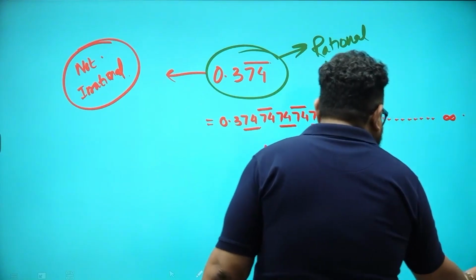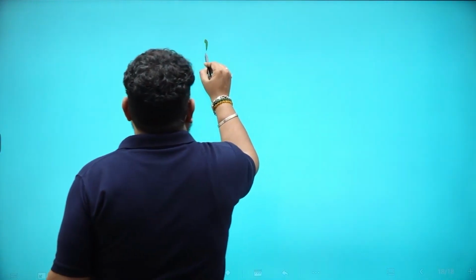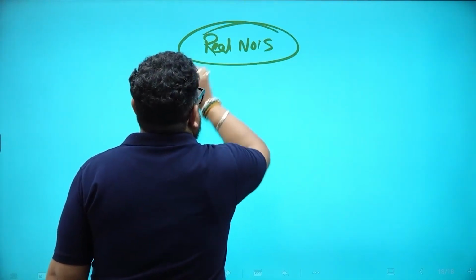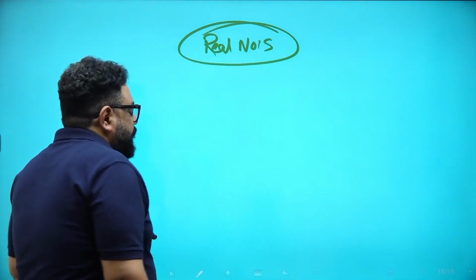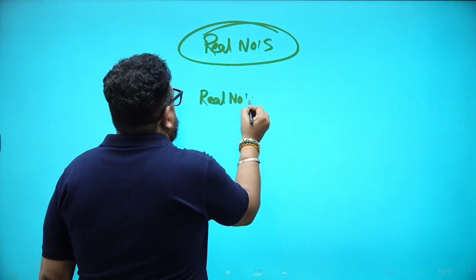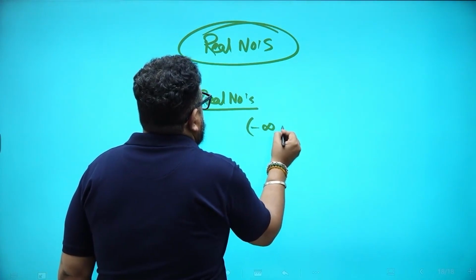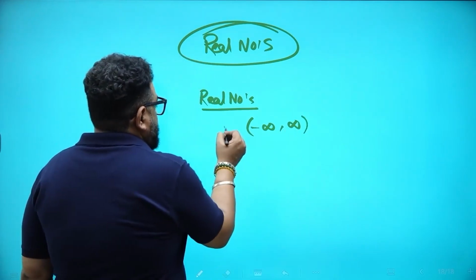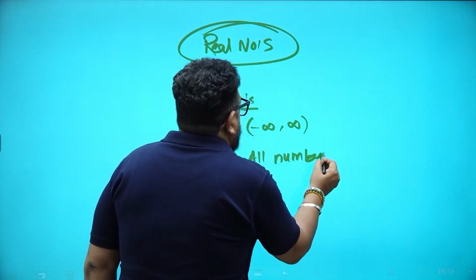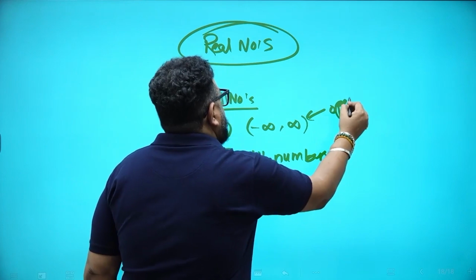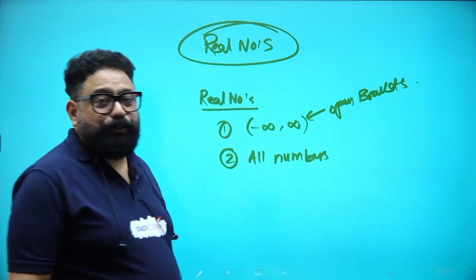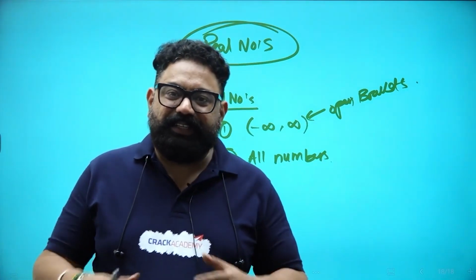Now comes the most important numbers, which are called real numbers. What are real numbers? Real numbers are minus infinity to infinity. Everything, all numbers. Now see, these are your open brackets, not curly brackets, which means it includes everything.